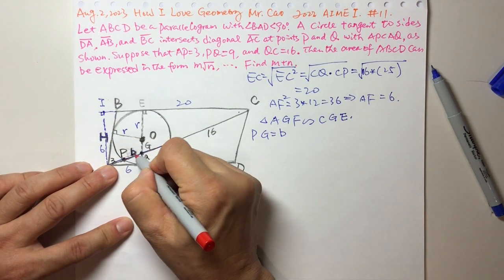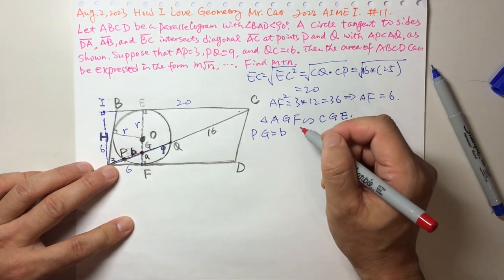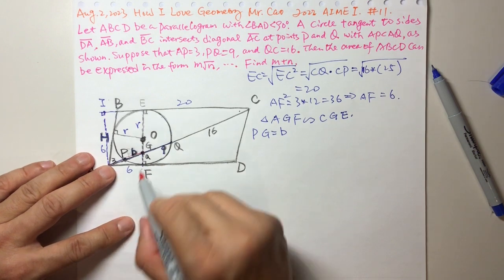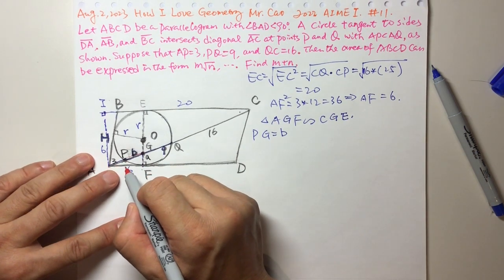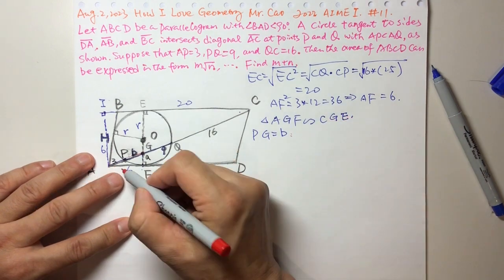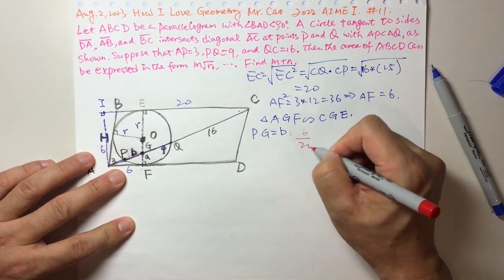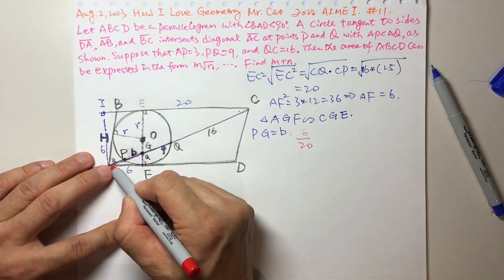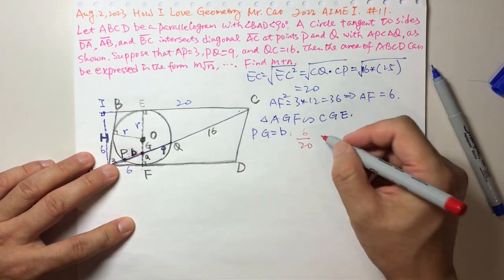PG is B. We know this is 3. And we got 6 over 20. So this side over this side equals this one over this one.